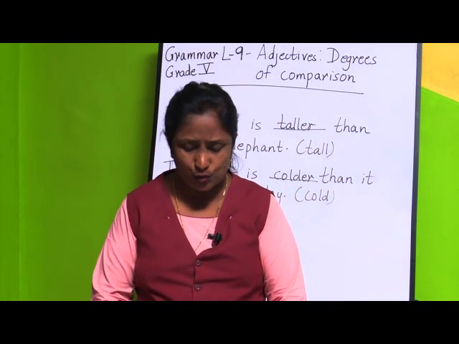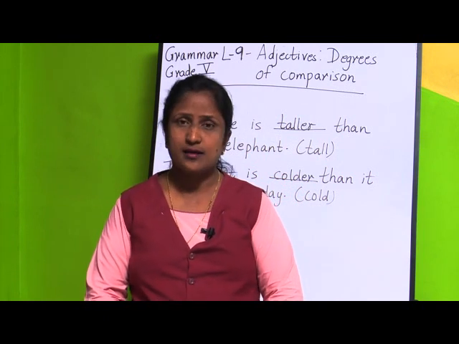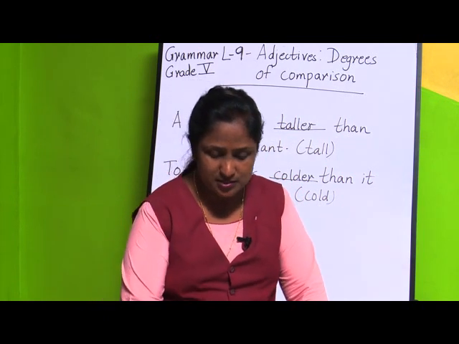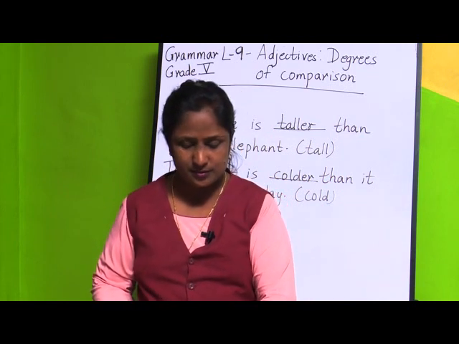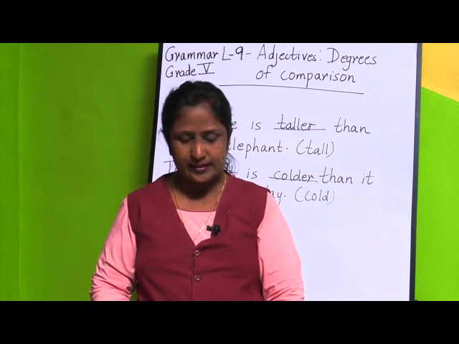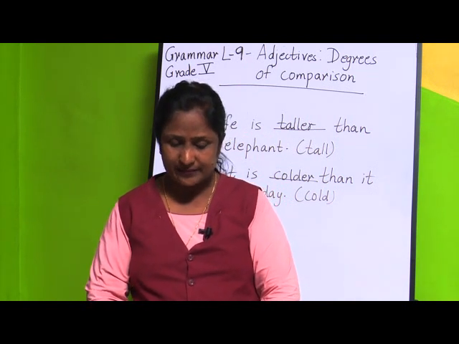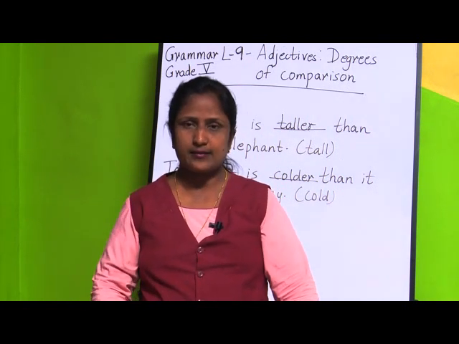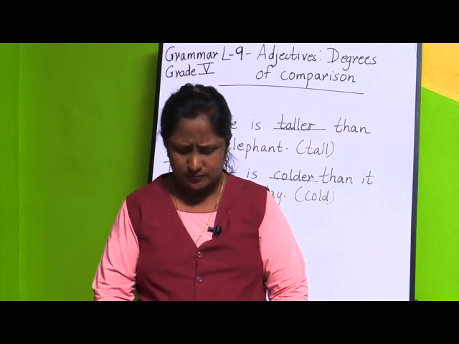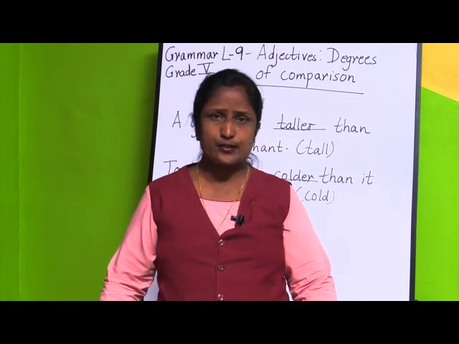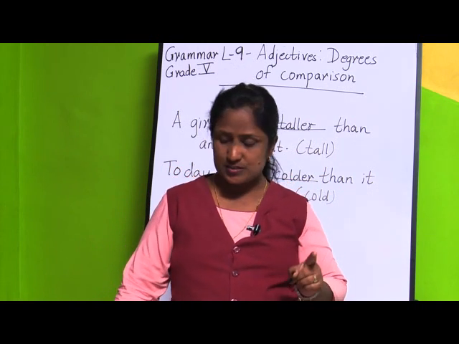So I hope, children, you have all understood these degrees of comparison. Once again I will tell you, there are 3 degrees of comparison: positive degree, comparative degree and superlative degree. And there are some rules to change them. First one is what?